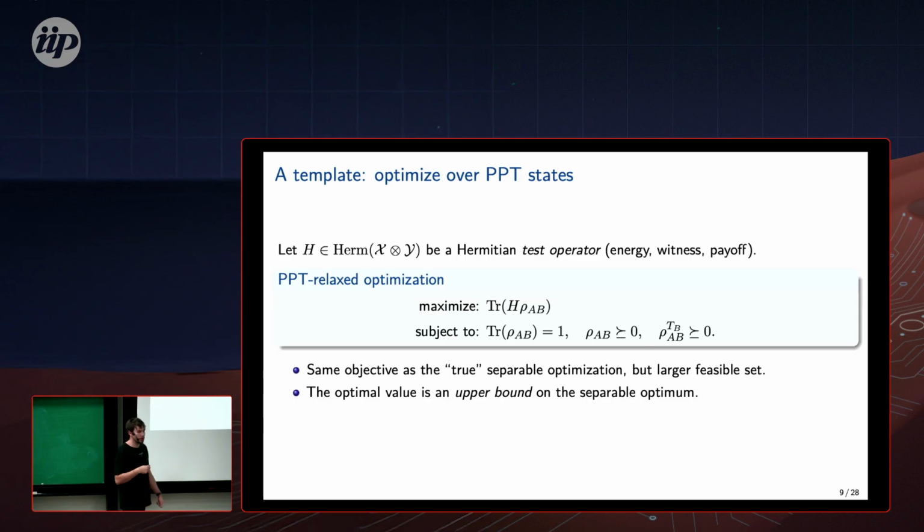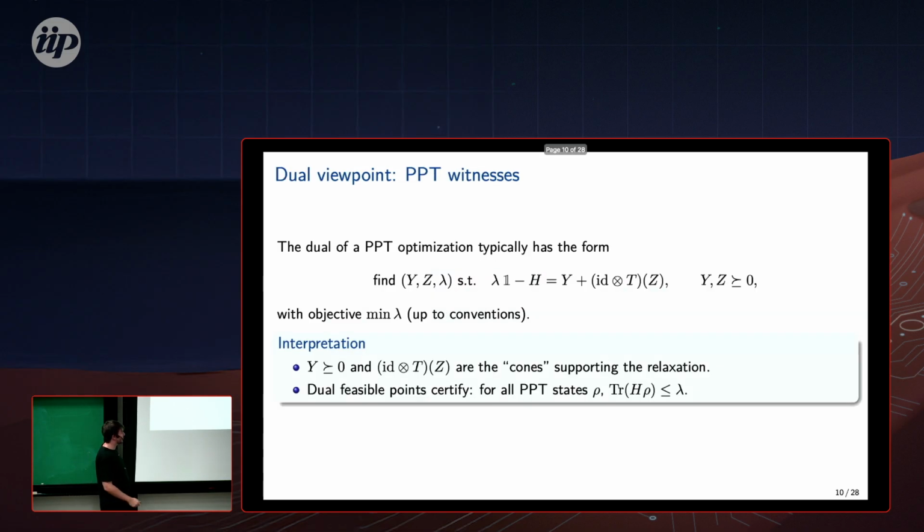No clue how to do this. This is a very hard optimization. But what we can do easily is, instead of optimizing over separable states, optimize over states that are PPT. And this is a PSD constraint. We're just applying a linear map to this matrix rho AB, which is the partial transpose.